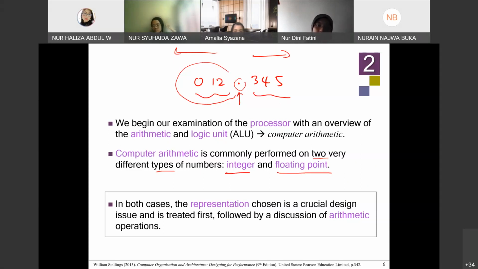So this you need to divide together, similar to what you have done last time in your digital logic. If you want to convert from decimal to binary, binary to decimal, there will be a different way if it is an integer, and if it is floating point, you need another way, isn't it? So similarly in our computer, our ALU needs to do different things for floating point and for integer.